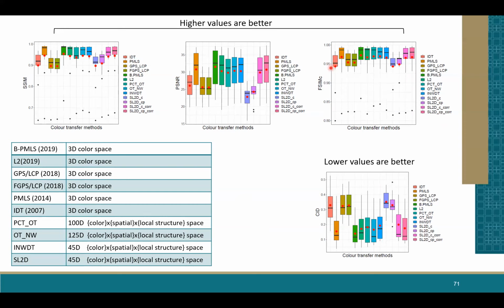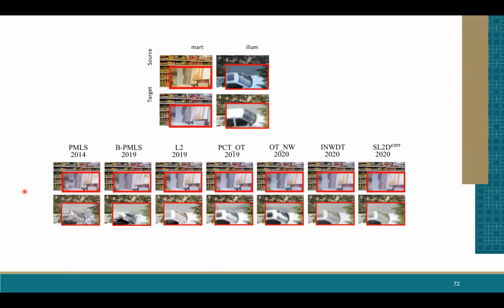Using statistical tests, we found that the medians reported by the top techniques, BMLL, BMLS and L2, and our previous approach have equivalent quantitative performance. We solved the problem in 45-dimensional space. Here in this figure, we present the qualitative evaluation.